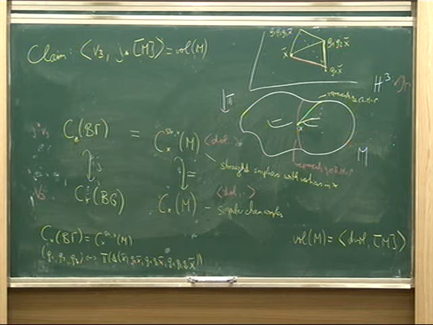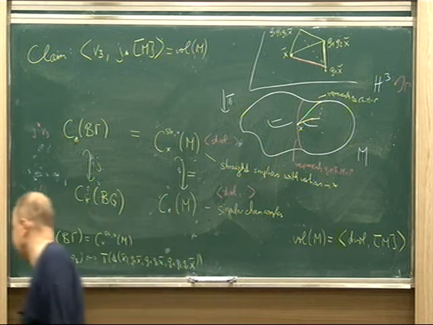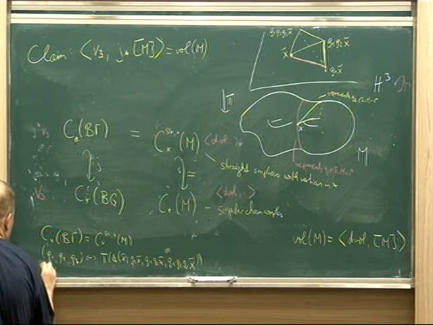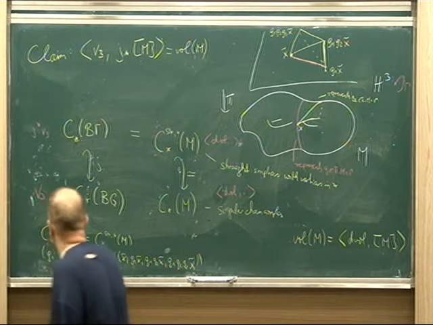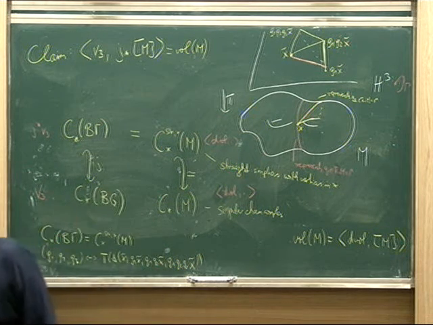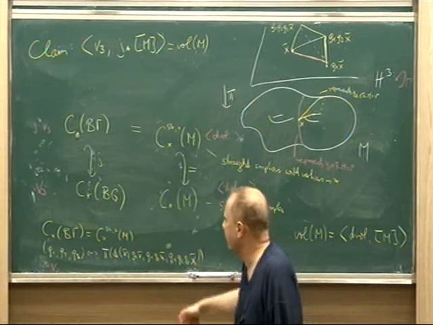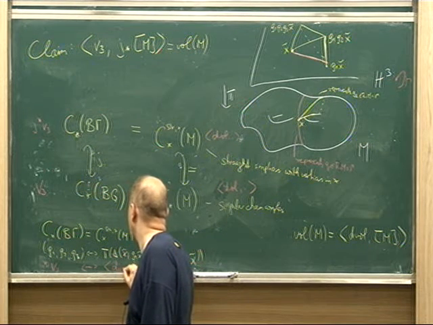And if you look at the definition of V3, then you see that under this correspondence, if you apply the restriction of V3 to such a triple, what you get by definition is exactly the volume of what you have here on the right hand side. So this corresponds exactly to integration of the volume form.